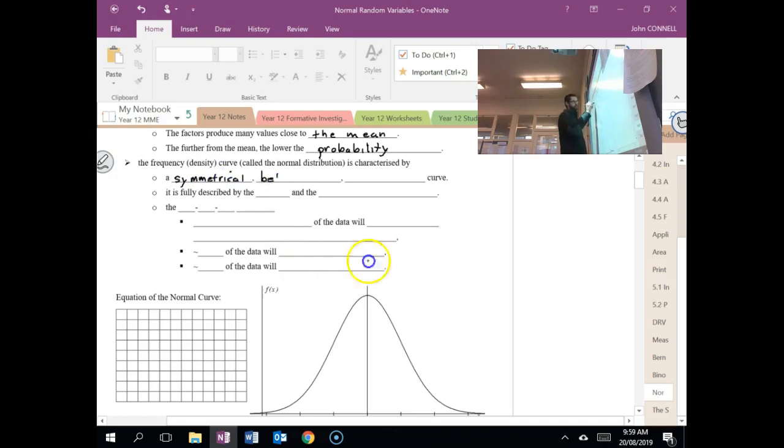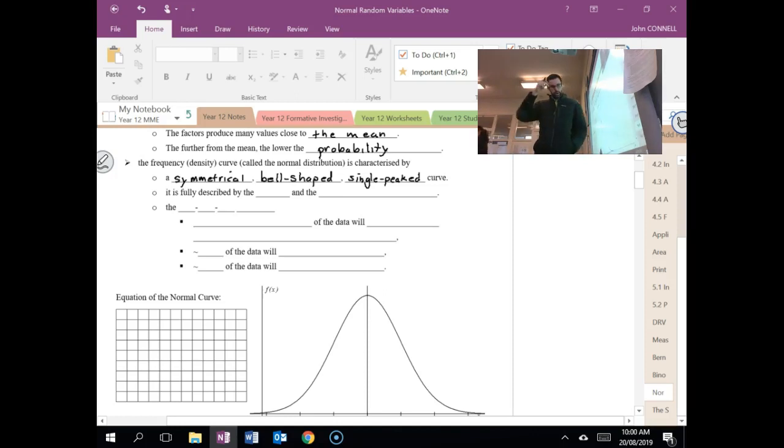Number two, it's what we call bell-shaped. And number three, it's single-peaked. These three characteristics are very important. In an exam once they actually asked, how do we know it's a normal distribution? And it was those three things I was looking for: symmetrical, bell-shaped, and single-peaked.